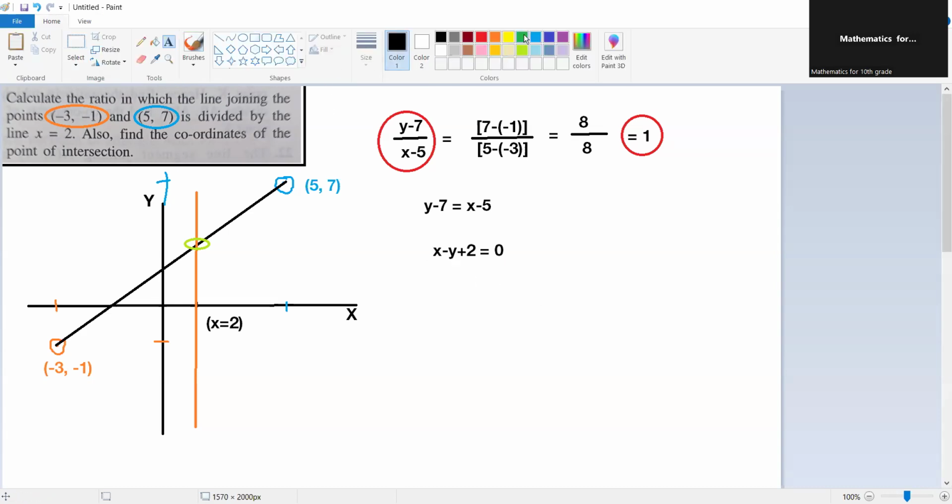I'll mark in green. This is the equation of the line: x minus y plus 2 is equal to 0. Now, this is the equation of this line.